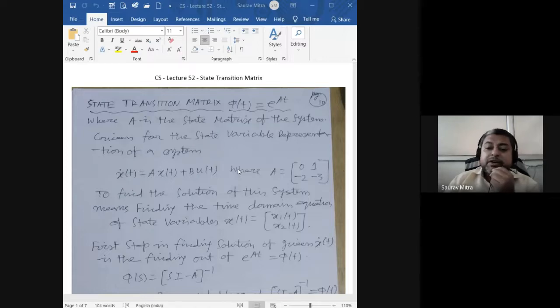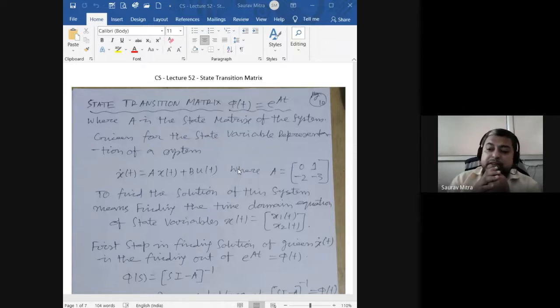Now you give an external 10 volt DC supply to the capacitor. The 0.5 volt will be there, and on top of that the capacitor will try to charge up to 10 volt. Whatever the initial condition is, that is responsible for the transient behavior of the system, and that is called the zero input response.